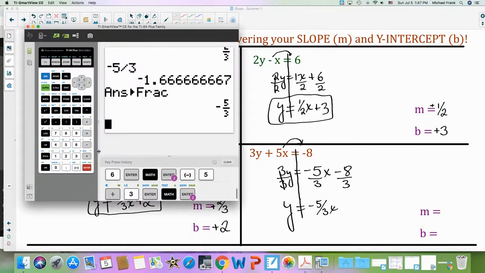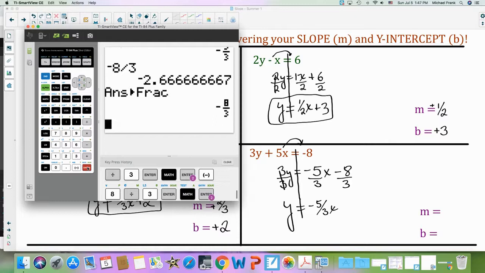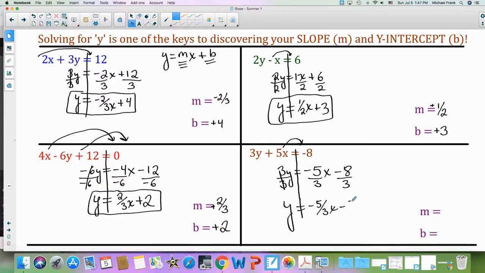And I'm going to do the same here with my 8 over 3. Right? So here I have a negative 8 divided by 3. I'm going to do enter here, and I can see that that's negative 2.666 repeating, right? So I'm going to go math and enter twice. Oh, and that also was simplified. That's just going to be minus 8 over 3.